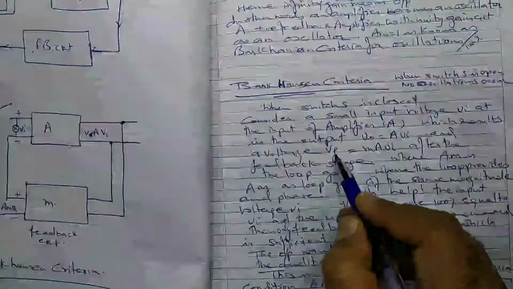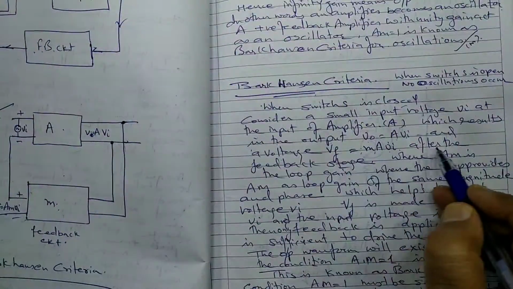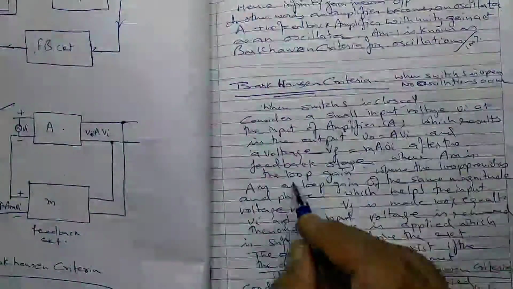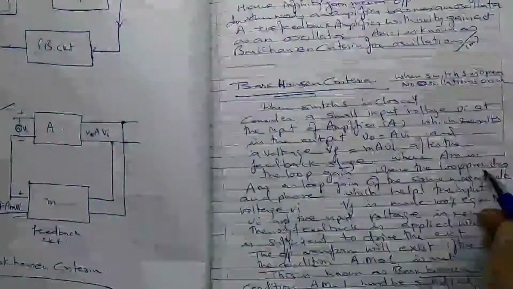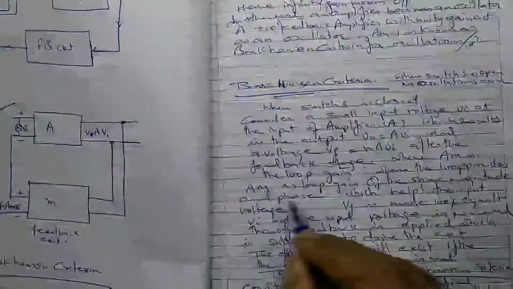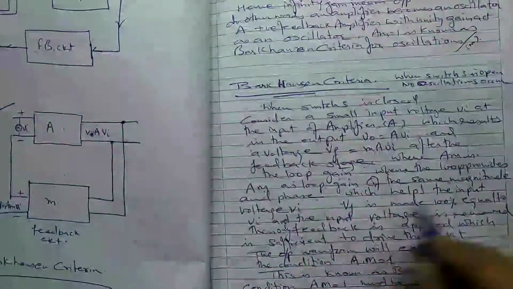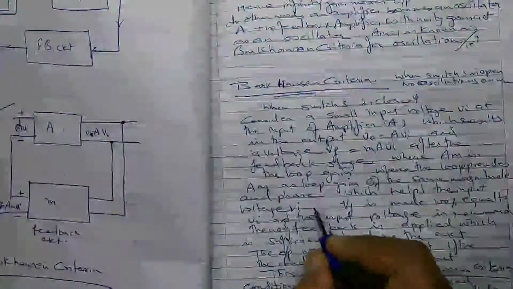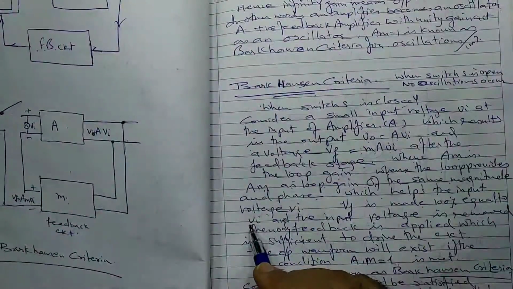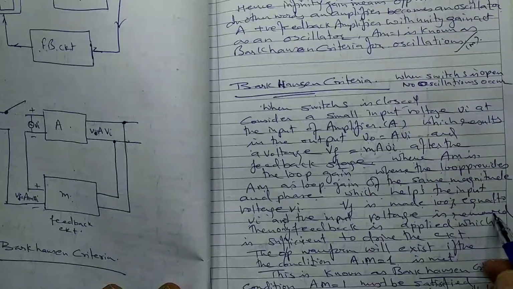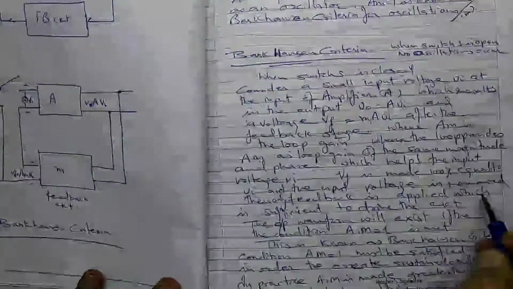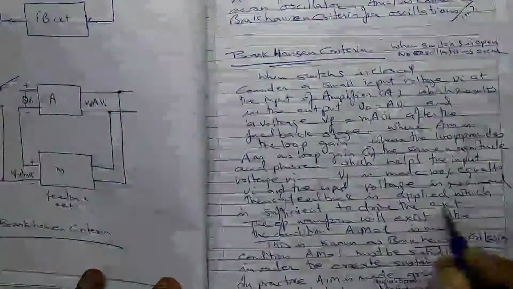Then a voltage Vf equal to M A Vi appears after the feedback stage, where AM is the loop gain, of the same magnitude and phase as the input voltage Vi. So Vf is made 100% equal to Vi and the input voltage is removed. Then only the feedback is applied, which is sufficient to drive the circuit.